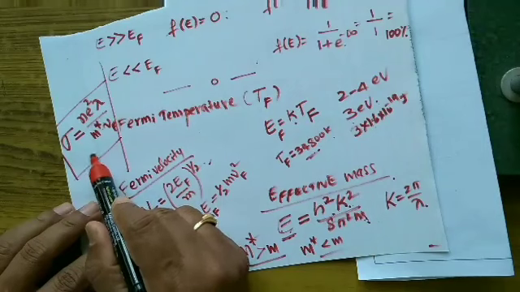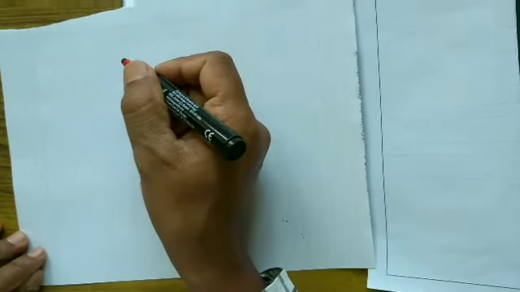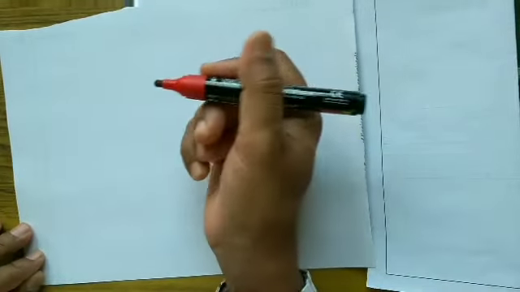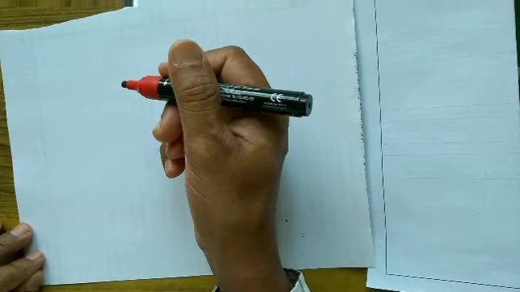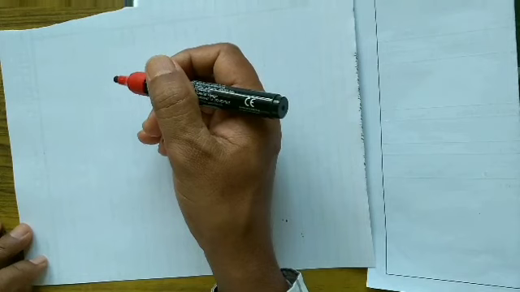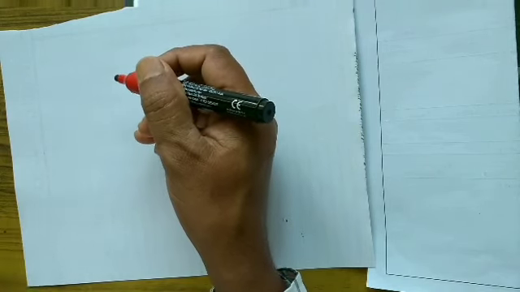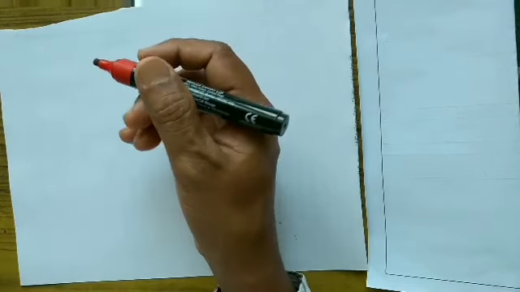Now it is time to understand the merits of the quantum free electron theory. We have understood the assumptions, and a few definitions, which are the Fermi energy, effective mass, Fermi velocity, and Fermi temperature.